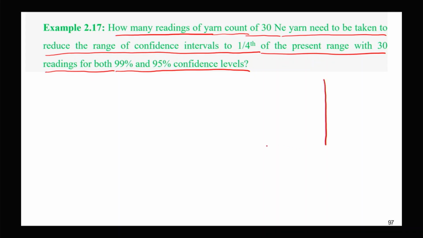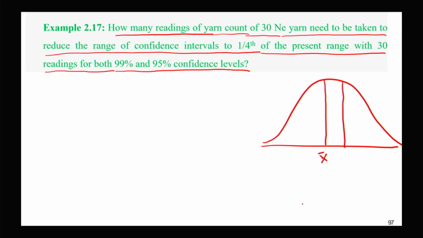Now let us see, this is the sampling distribution. Here this is the mean value, and based on 30 readings, this is the confidence interval.